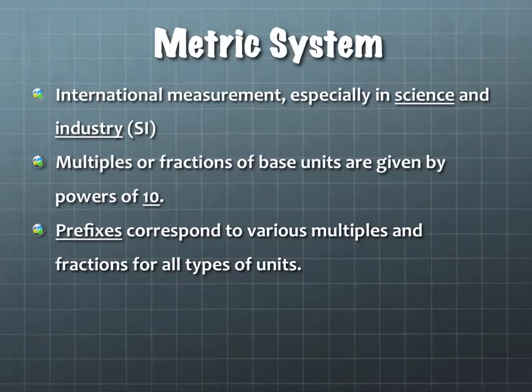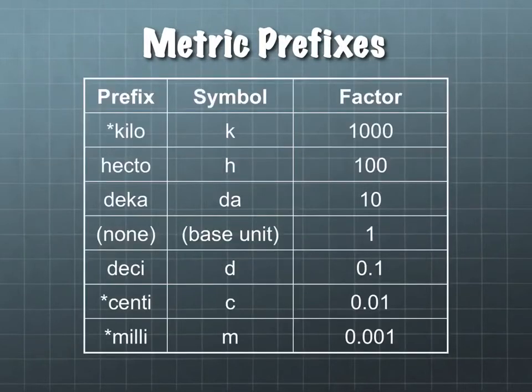So we've seen some of these tables or similar tables to these from our last class session. But this is one. These are the metric prefixes. Kilo is K, and it represents a factor of 1,000. That's 10 to the third. That's why it's a power of 10 is what we were talking about before.